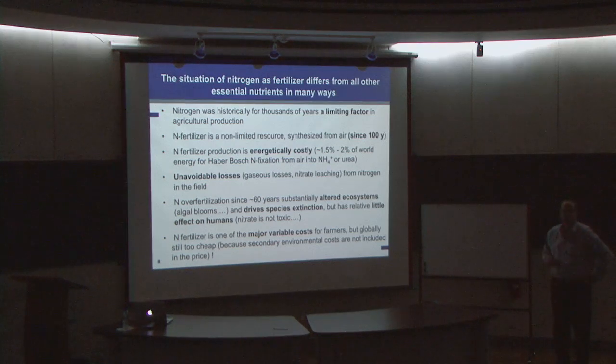A nitrogen fertilizer, when you calculate, especially with the energetic cost that it has to produce nitrogen fertilizer, it's one of the major, it's the major variable cost to the farmer. And I would say it's still too cheap because all the environmental problems, secondary effects, are not included in the price, as always.